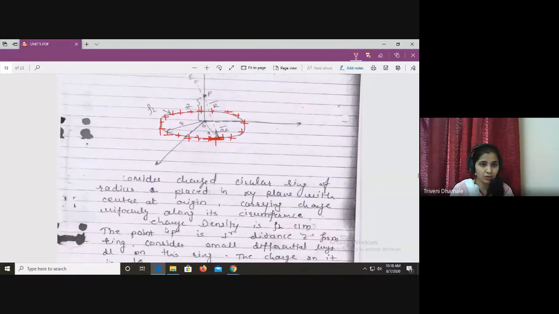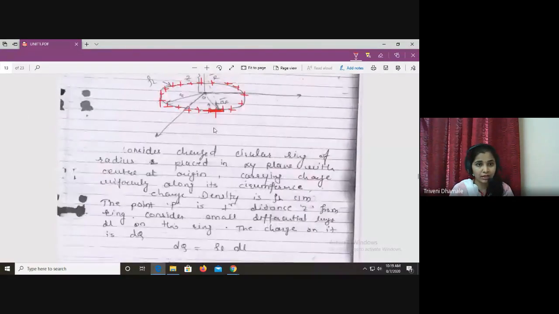As usual, just as we considered dl for the line charge, as we consider ds for the surface charge, now in this case also we have to consider one small differential line, right? For that small differential, first we will calculate the dE bar, and after that we will integrate over the limits, right?